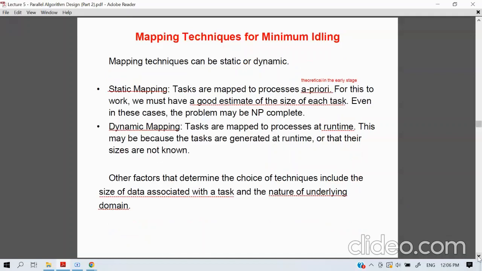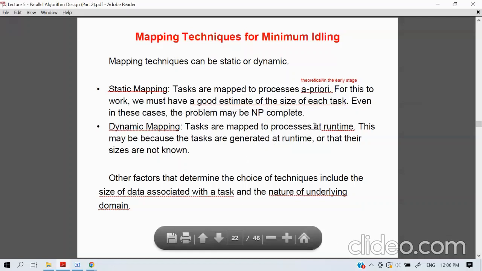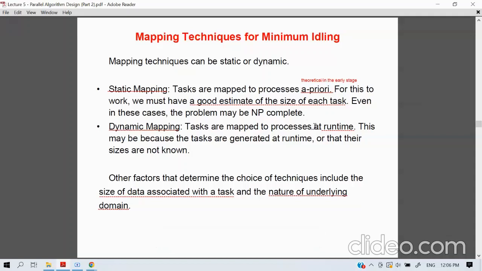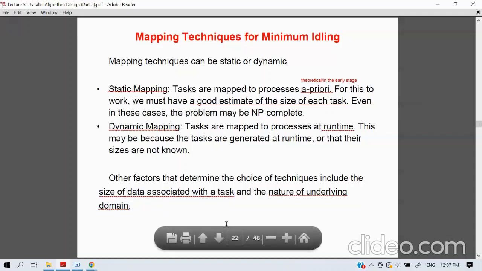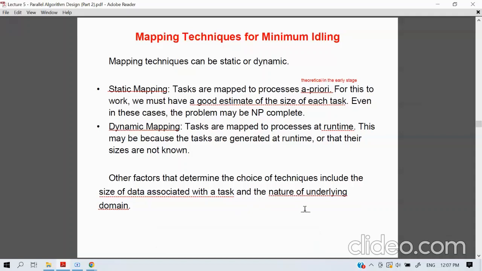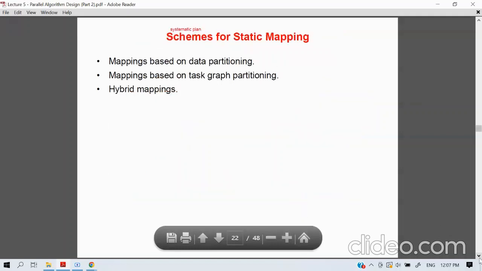Okay, so mapping techniques, there are two types, either static or dynamic. And then you need to consider the number of tasks during the mapping and the size of the data itself, the nature of the problem that you want to solve. All those things need to be considered when you do the mapping techniques.